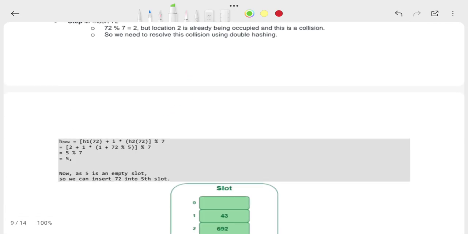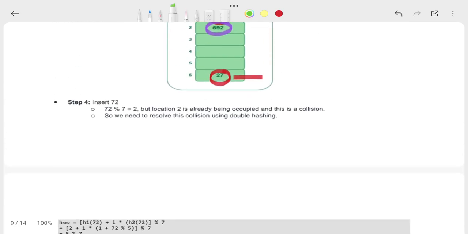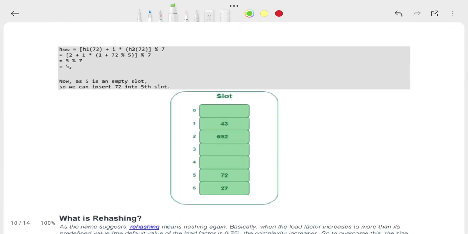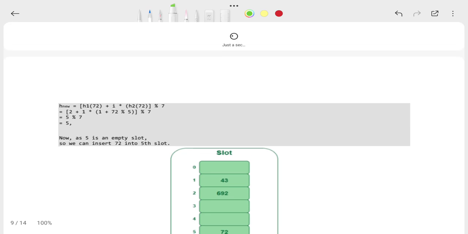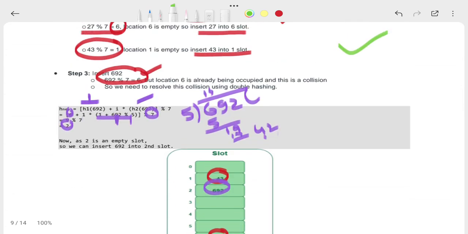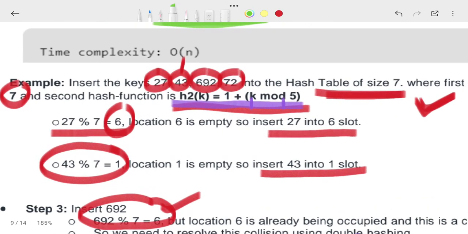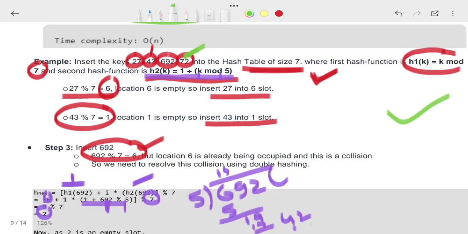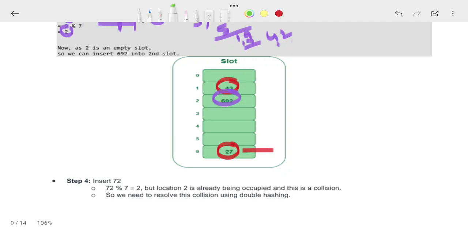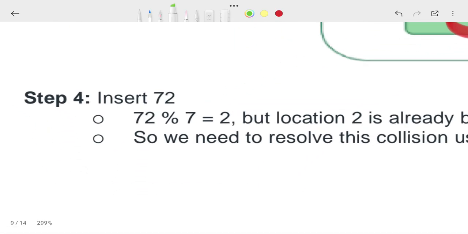Now see here, this I solved. My next data is 72. 72 divided by 7 is equal to 2.